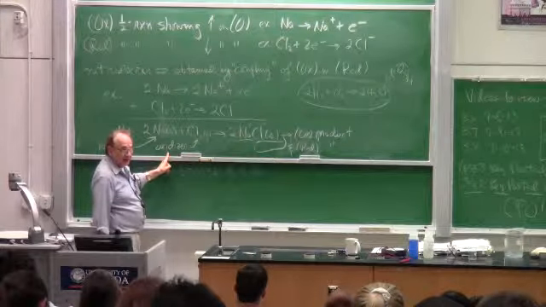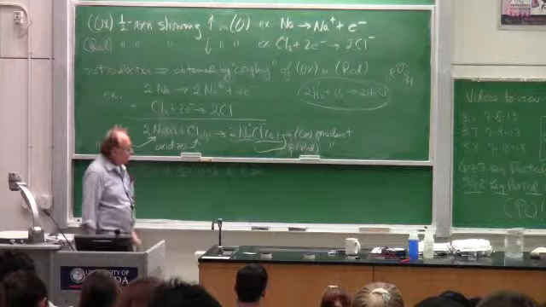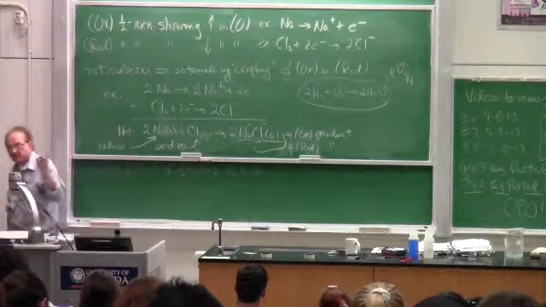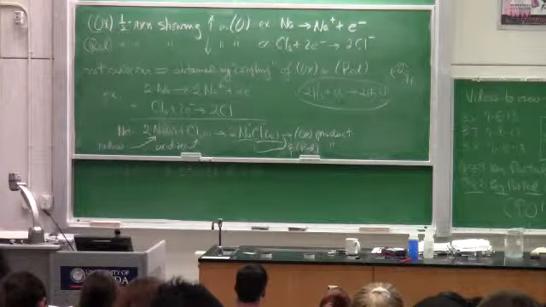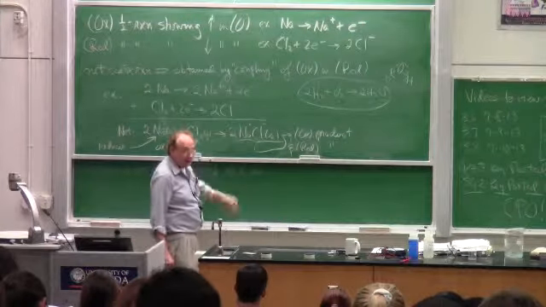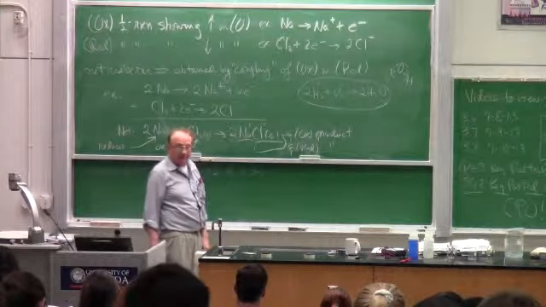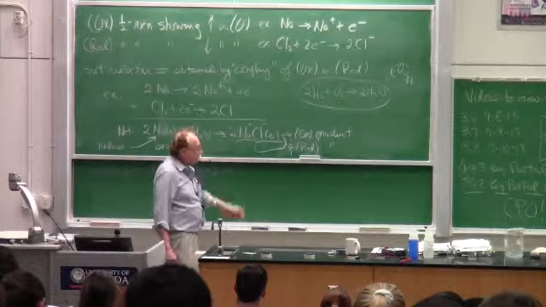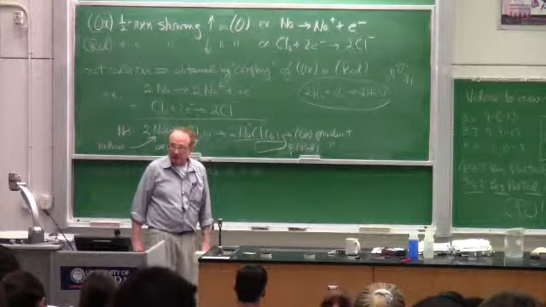Now what about the language applied to the products of a redox reaction? The oxidation product, the reduction product. For this redox reaction, there's only one product, sodium chloride. So sodium chloride is the oxidation product as well as the reduction product.